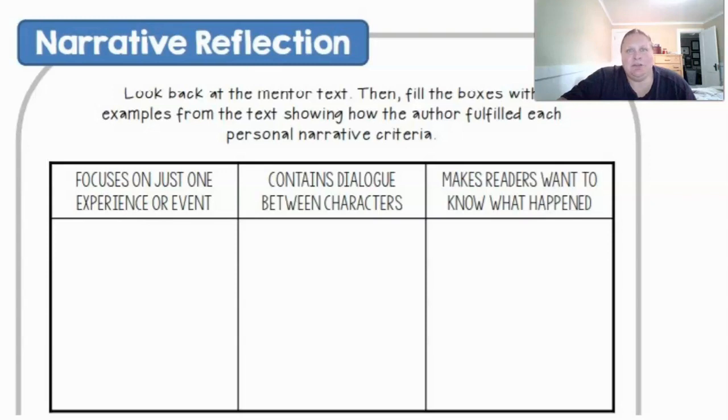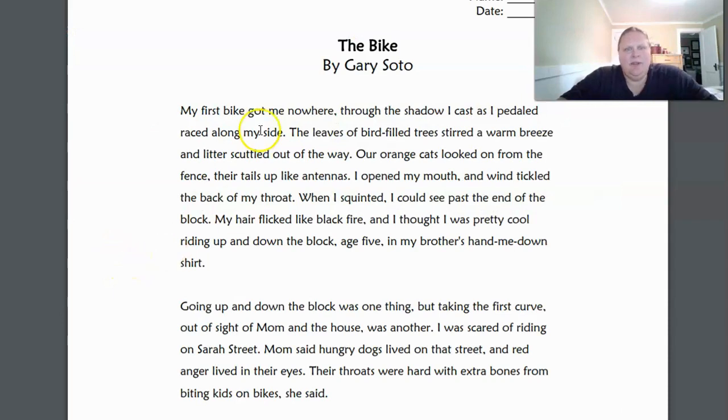Now, let's use that story to fill out this worksheet. Did the author, Gary Soto, focus on just one event? Well, let's take a quick look. The bike. Did he write about just one bike event? Yeah. We read through the whole thing.